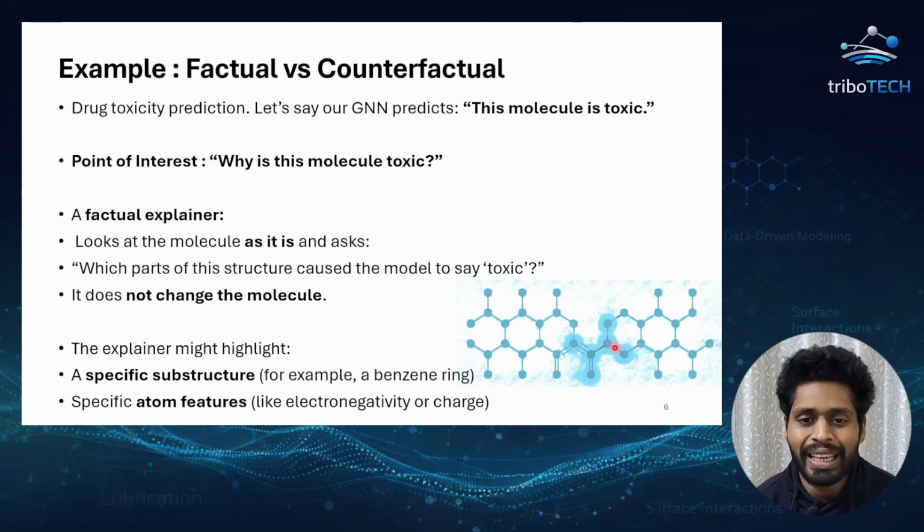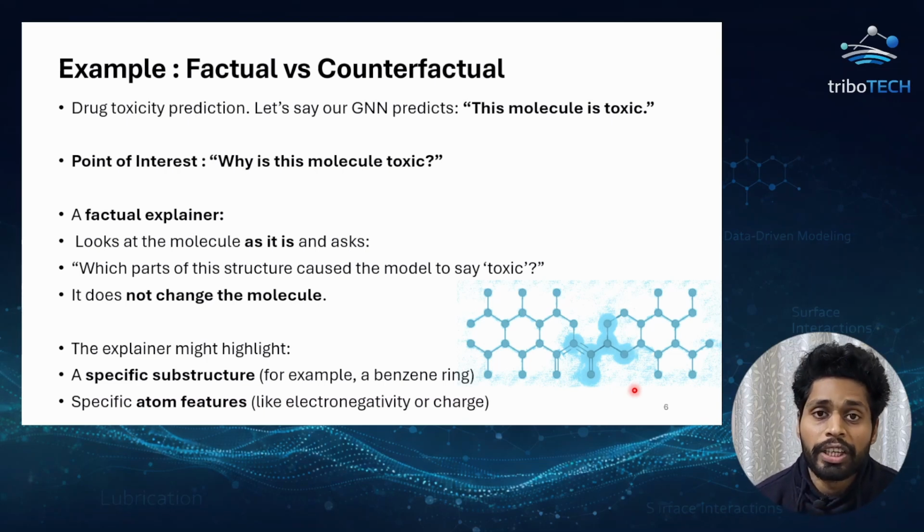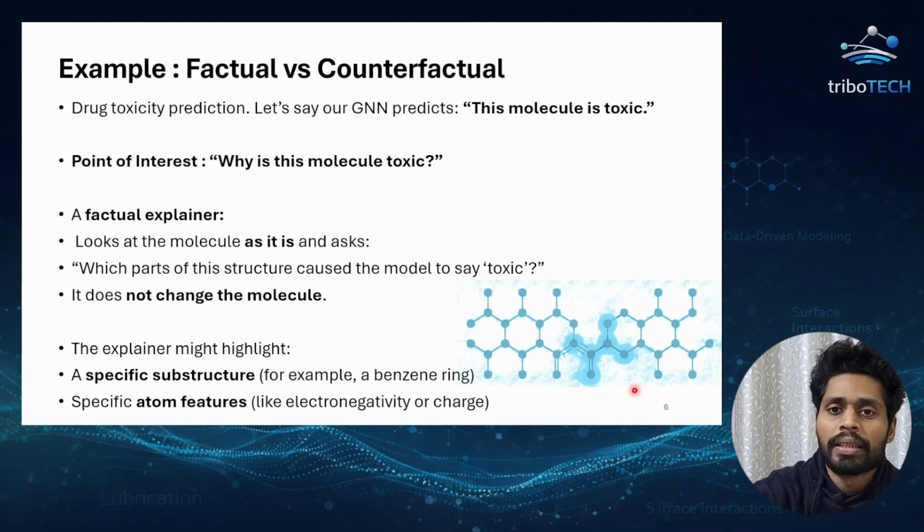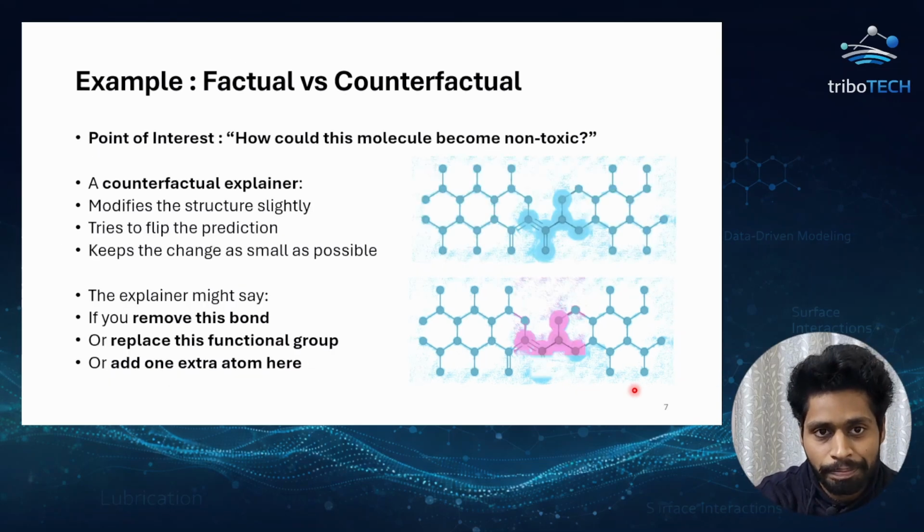For example, a benzene ring is causing the molecule to be predicted as toxic, or it may highlight some node feature like electronegativity or charge responsible for the toxicity of this molecule. So they give you feedback on what is the reason behind your prediction, right? In this case, the molecule being toxic.